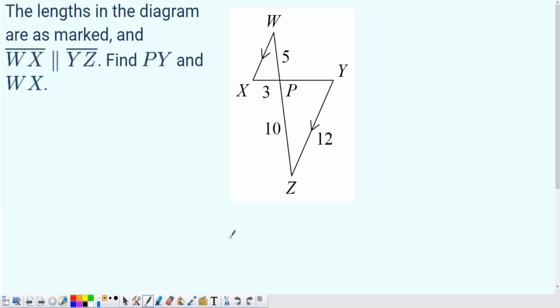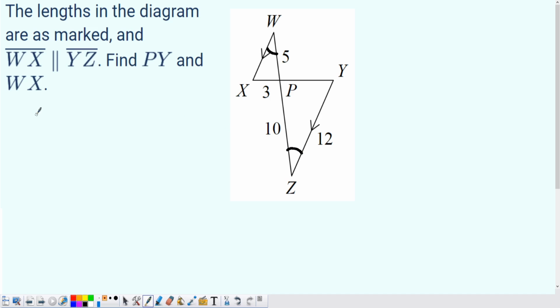So, parallel lines mean congruent angles. This has to be something that you have to understand. Parallel lines means congruent angles. And we can easily tell that this angle here, XWP, must be congruent with PZY.